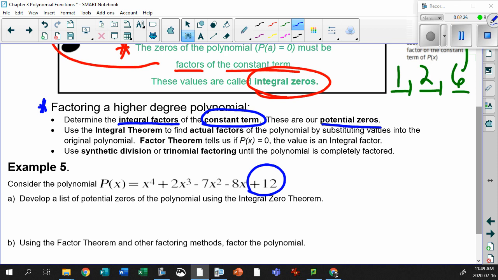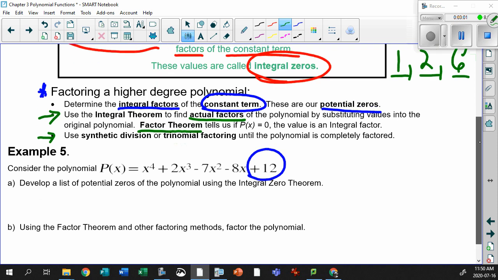How do you know if they're real zeros or not? Well, that's where the factor theorem and the remainder theorem come in. It's really, really simple. And then after that, you can use things like synthetic division and factoring trinomials, and then you can completely factor.